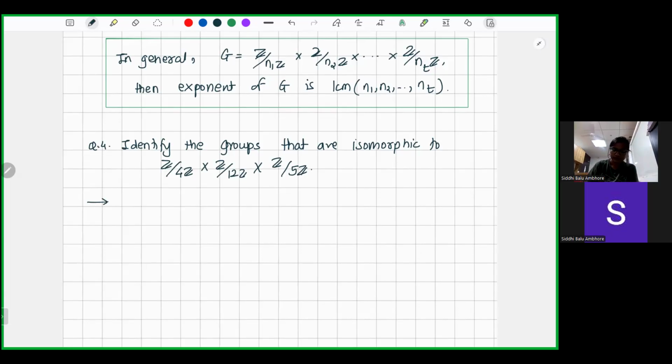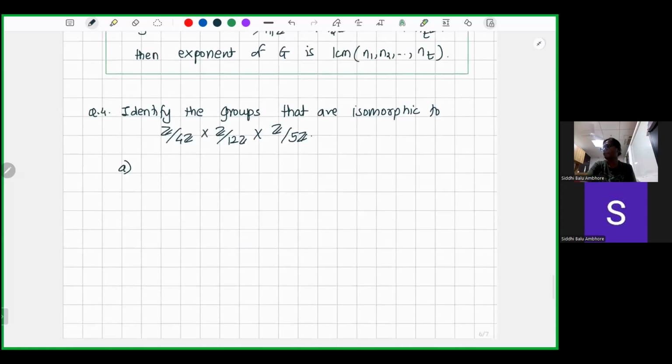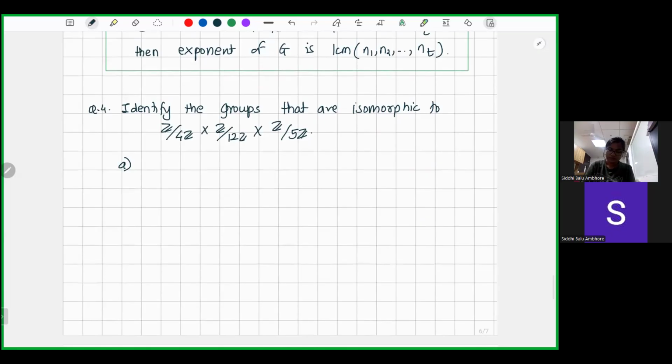Okay, and the options are: first, Z4Z cross Z4Z cross Z15Z.